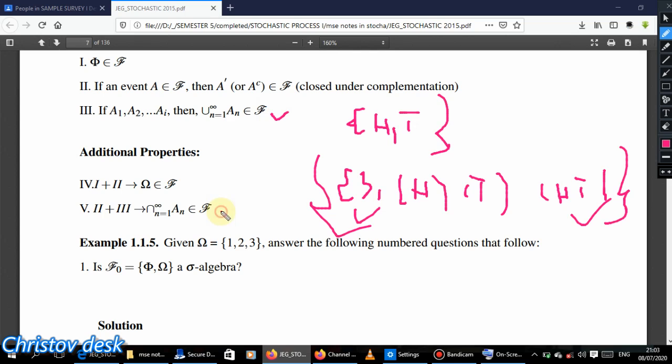And then the intersection too is in the set. The intersection of H and T is the empty set. The intersection of the empty set and H is the empty set. The intersection of HT and T is T. So everything is in the set, and I can call this my sigma algebra. That is the definition of a sigma algebra.